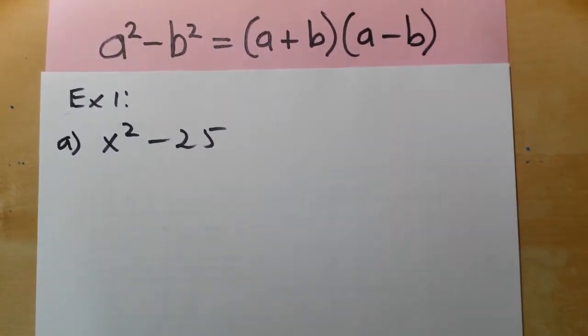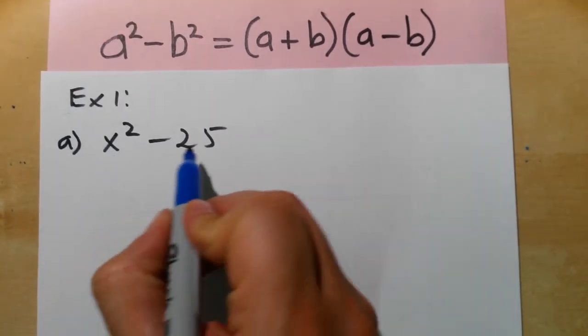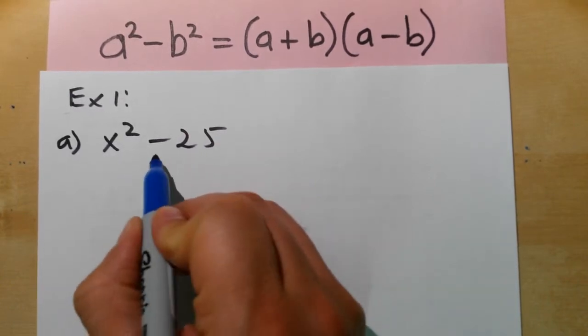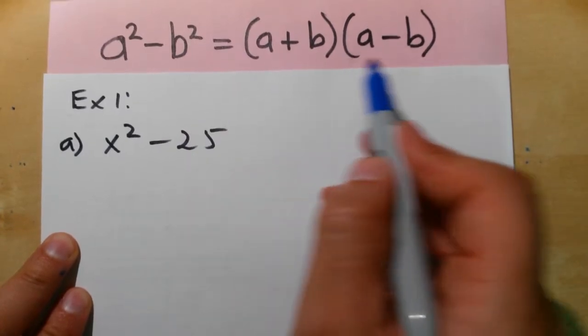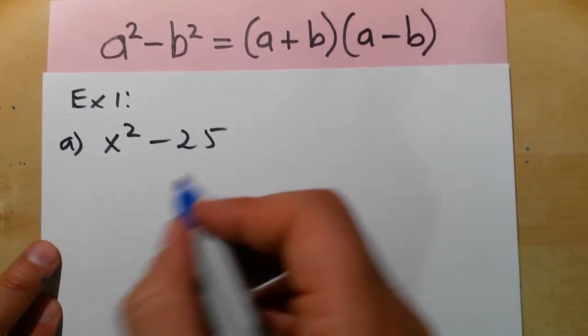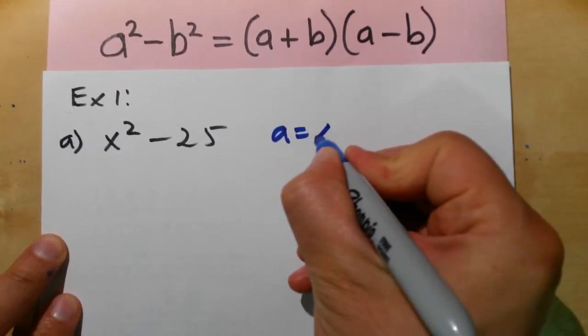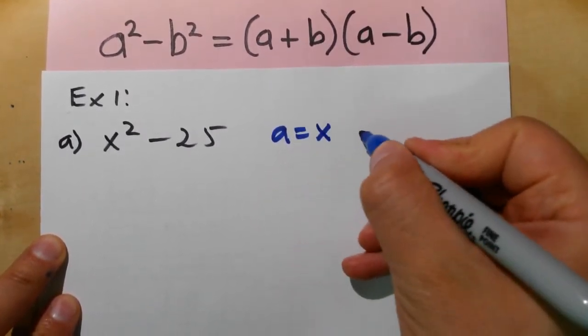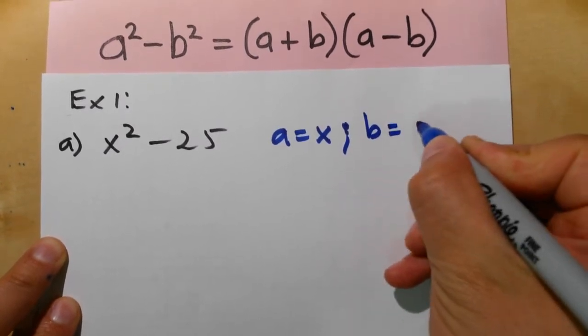If we're given a question like this and we're asked to factor it, we know this is a perfect square, and that's a perfect square, so this is a difference of squares. If we look at the pattern, a squared minus b squared, a plus b, a minus b, we know that our a value would be the x, and our b value will be the 5.